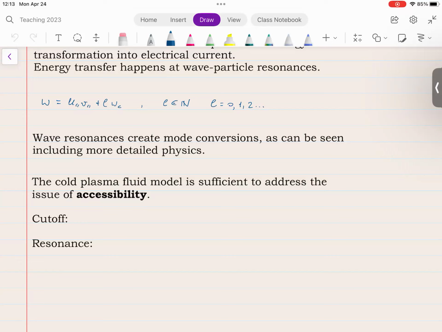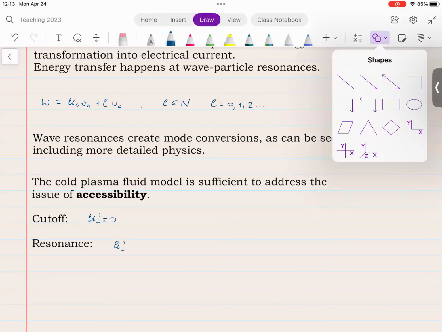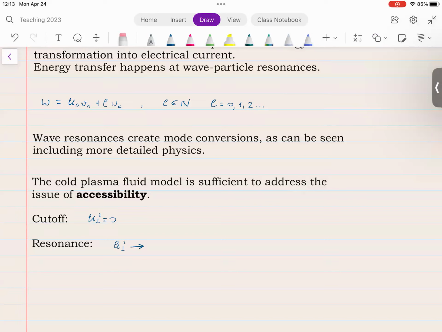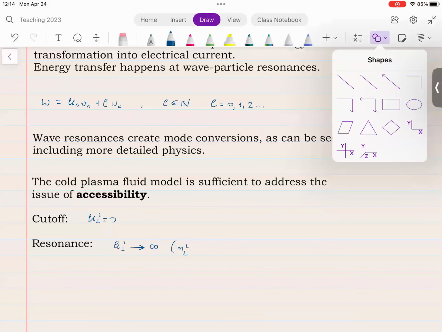If we're looking at wave resonances and cutoffs, the condition for a cutoff is that the perpendicular wave number must go to 0, and for a resonance that the perpendicular wave number must go to infinity. Or if you prefer, n perp squared must go to infinity, which is the same thing.